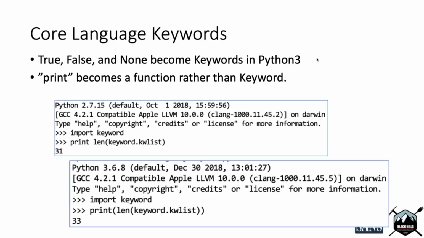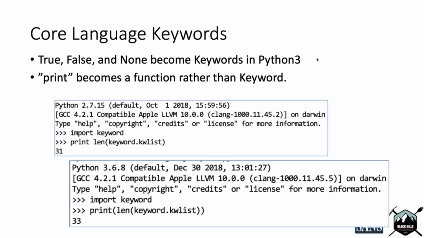Core language keywords. So in Python 2, there were 31 exact keywords in the language, and this is the meat and potatoes of the actual interpreter. I used Python on my OS X machine here to illustrate this. You could use Python on a Linux machine or a Kali distribution or whatever. You're going to see the same thing.